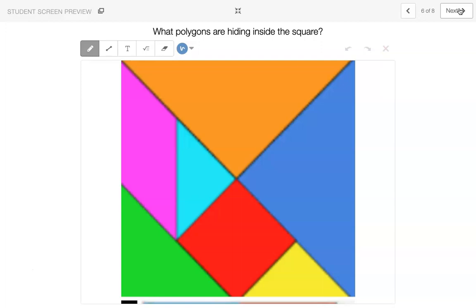So what polygons are hiding inside the square? So here we go. I see a triangle. I see another triangle. I see another triangle. I see the square. I see the triangle. I see my parallelogram.